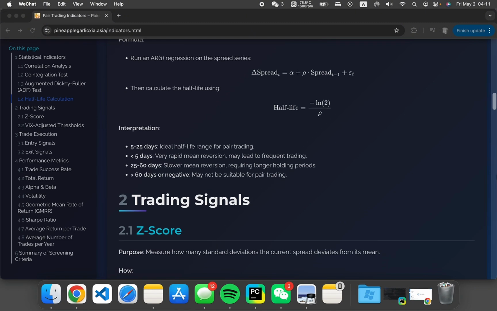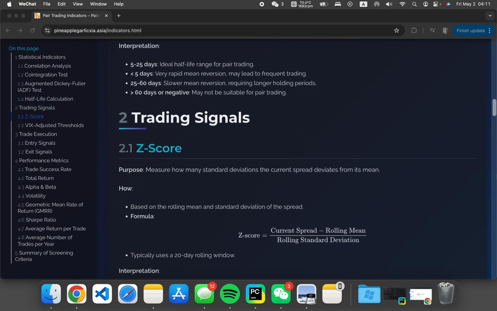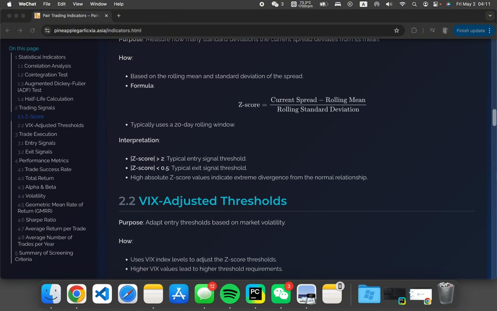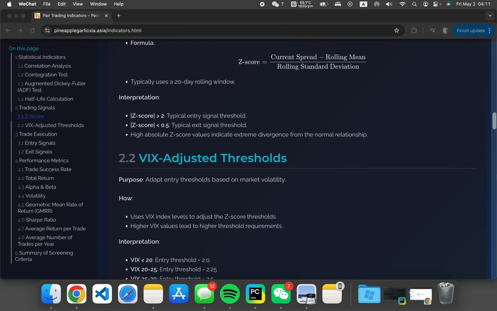Finally, we calculate the Z-scores of the spread and adjust entry thresholds based on market volatility using the VIX index. Each indicator has a clear definition, the statistical method used, and the interpretation threshold, so you can see exactly how the strategy decides when to trade.